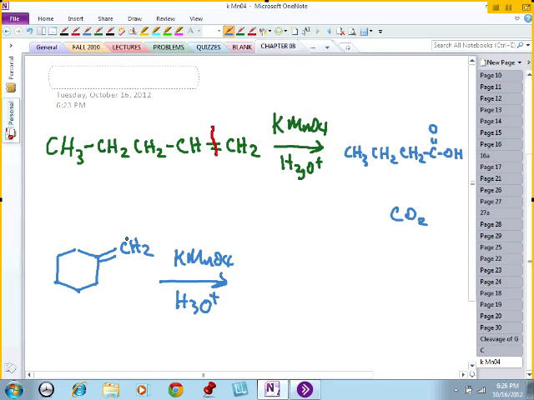Can anybody tell me what will be the product of this reaction? What is it? Cyclohexanone, right? You cleave, this becomes a ketone, and this becomes carbon dioxide.